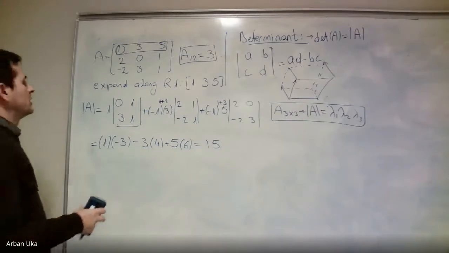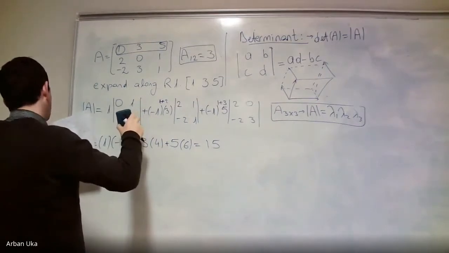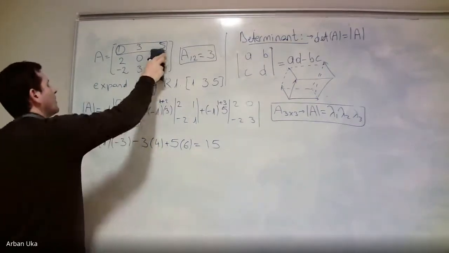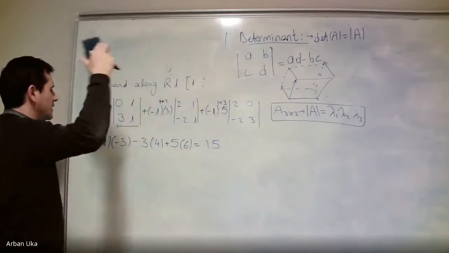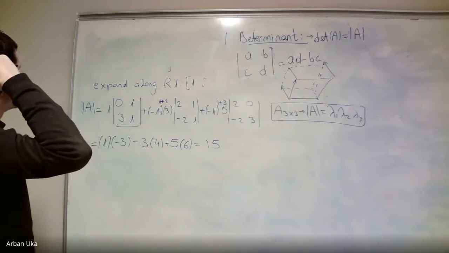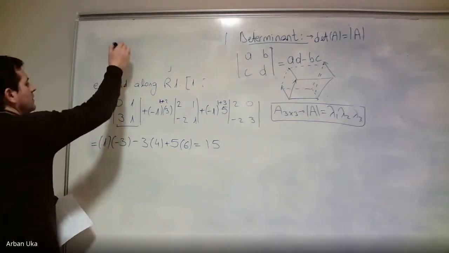Now that we know the determinant, we can try to define what is the inverse of A. Wait a second, okay, so sorry, I erased this one completely, which is fine, but I can write this for demonstrative reasons.